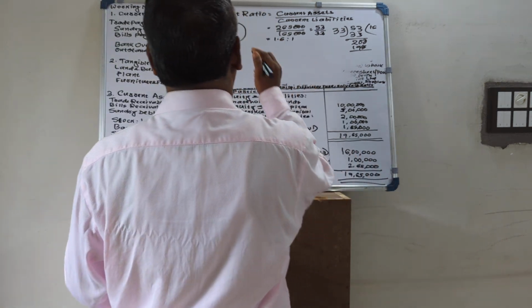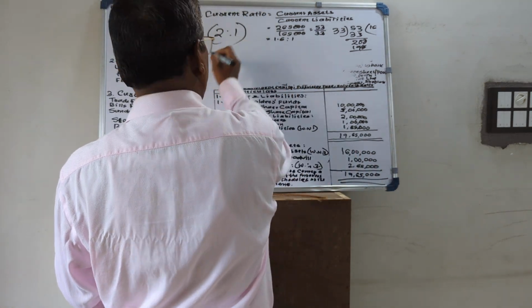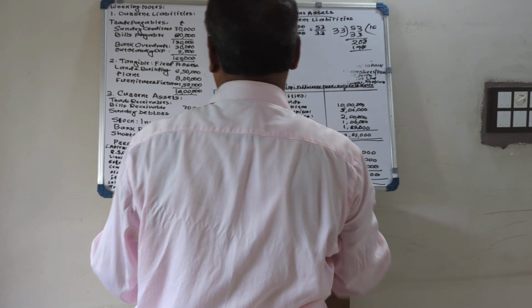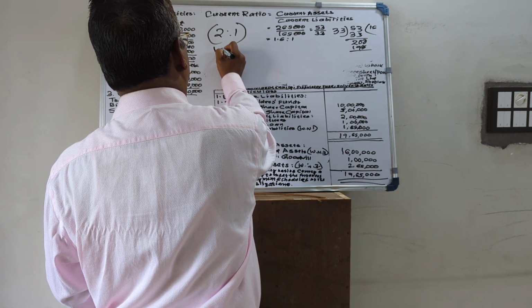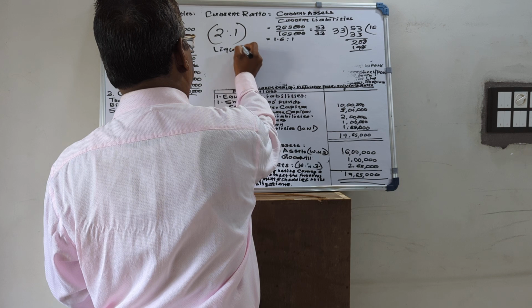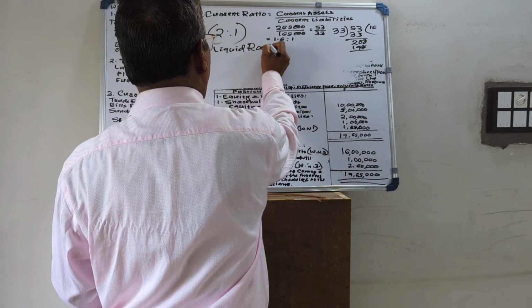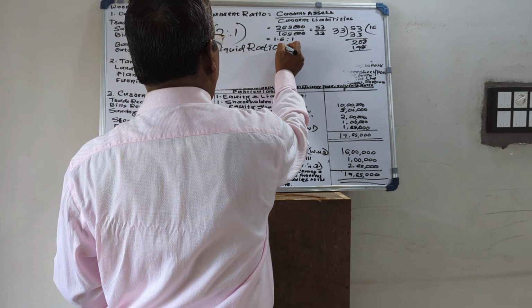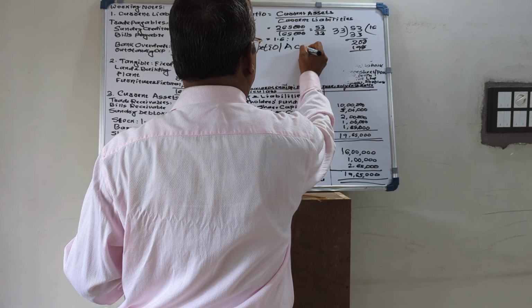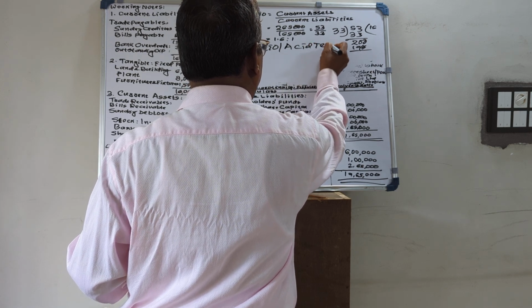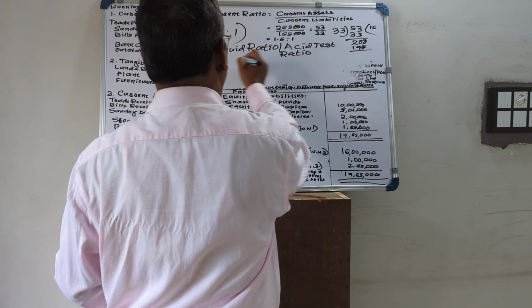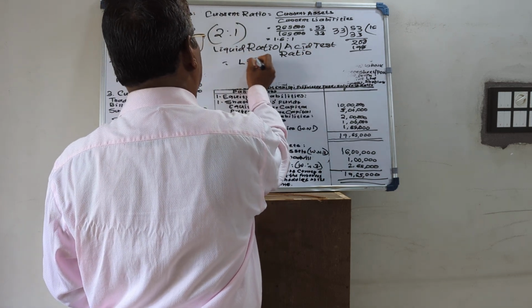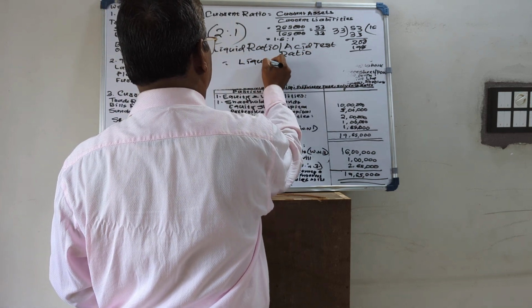Then the liquid ratio or acid test ratio. It is liquid assets divided by current liabilities.